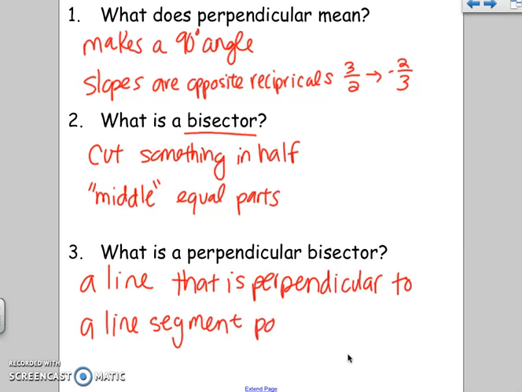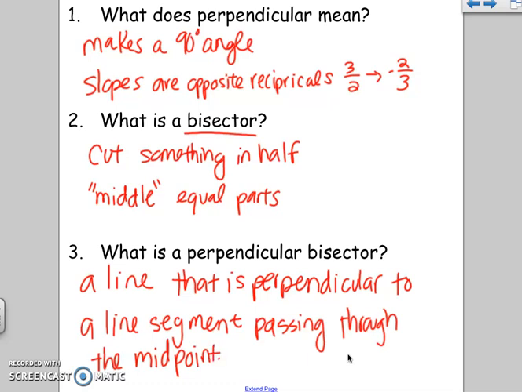So again, a perpendicular bisector is some line that goes through the midpoint of another line, cutting it into 2 equal parts and forming 90-degree angles, so we're going to deal with opposite reciprocal slopes.